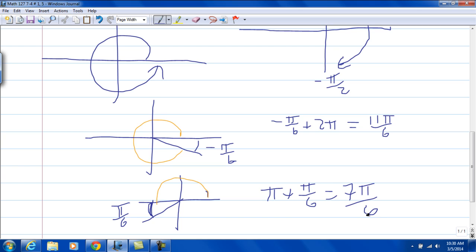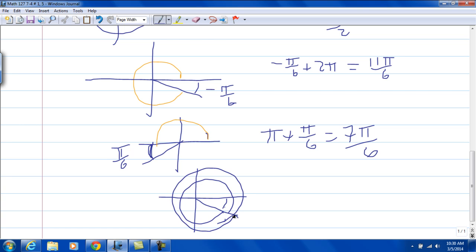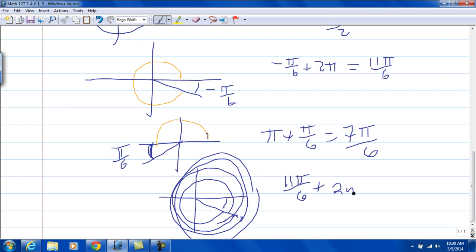Now those are not exactly what the answers are in the book. Those are really close. One last part to it, though, is to remember that sine is a periodic function. So, for example, while this is a solution that way, and we also found a solution there, if we go around again, we're going to get another solution, and another, and another. So we'd say for each of these, 11 pi over 6 plus 2n pi, and sometimes you might see this in other books as 2k pi.